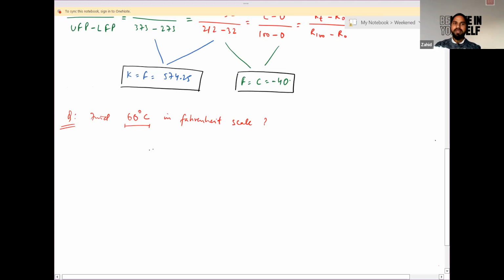According to the relation, we have (F minus 32) divided by (212 minus 32) equals (C minus 0) divided by (100 minus 0).